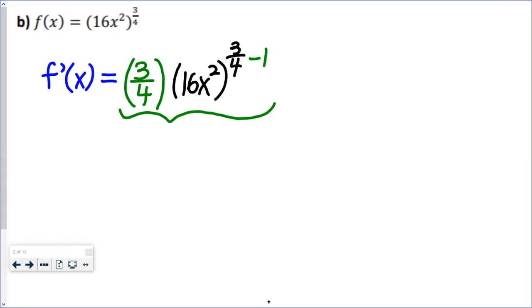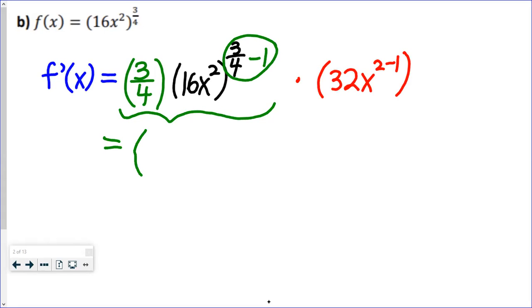Now, the derivative of the inside function is simply 16x squared. So 16 times 2 gives me 32. x to the power of 2 minus 1 gives me the derivative of the inside function. I want to simplify this component.